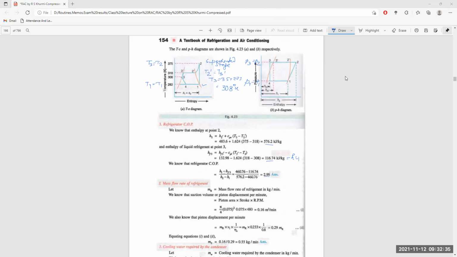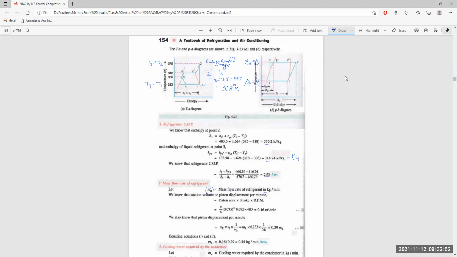Now the next question is, what is the mass flow rate of the refrigerant? Let mg be the mass flow rate in kg per minute. Now the suction volume or piston displacement: we know the size of the piston.